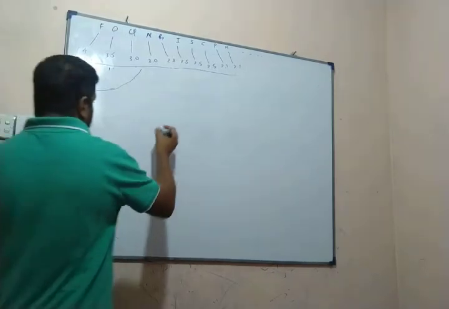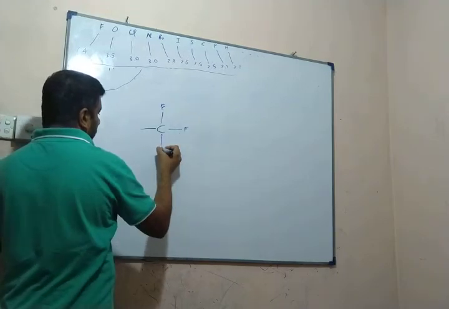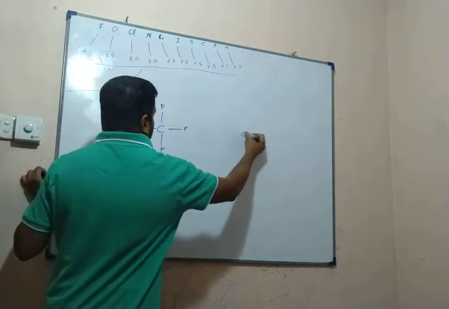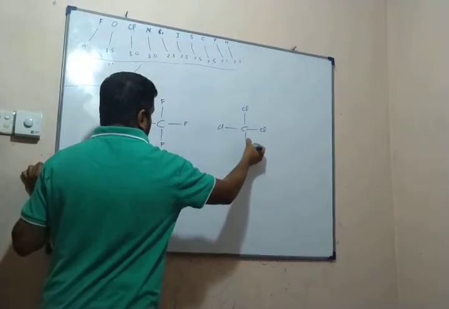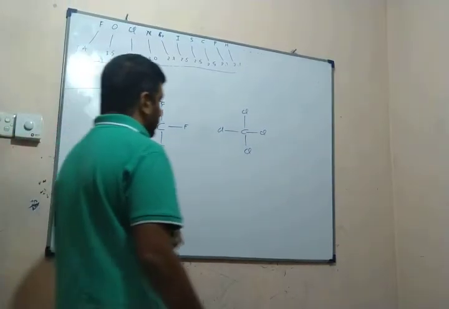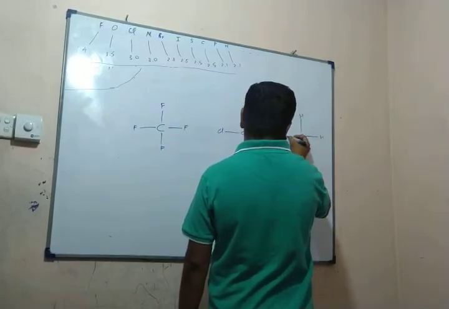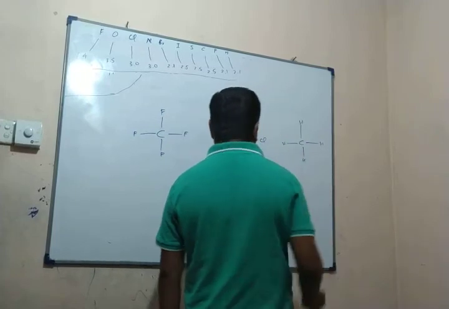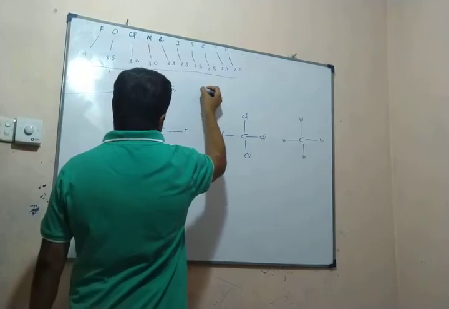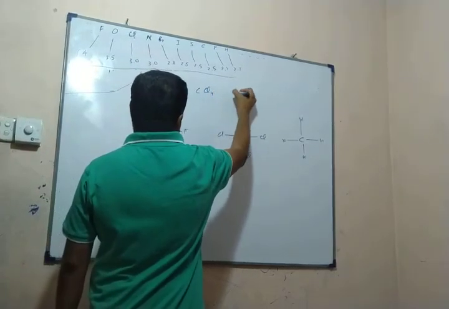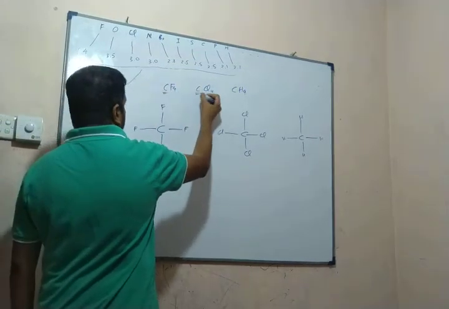For example, CF4, CCl4, CH4. Which carbon is most electronegative? Only carbon.